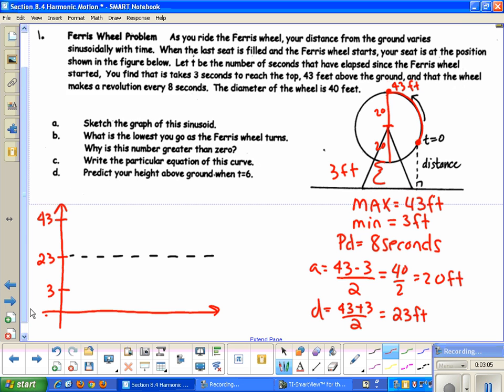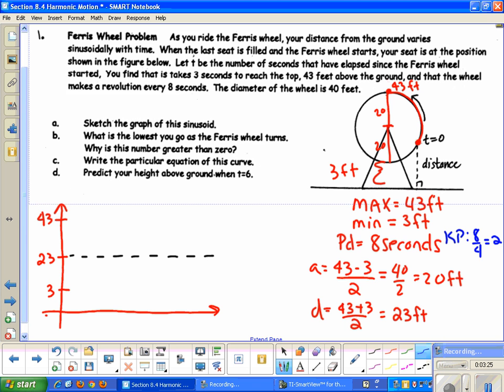Since the period is 8 seconds, we can figure out our key points, because remember, your key interval points are in 4 equal parts divided by your period. So 8 divided by 4 is 2. That's what my key points are going by.